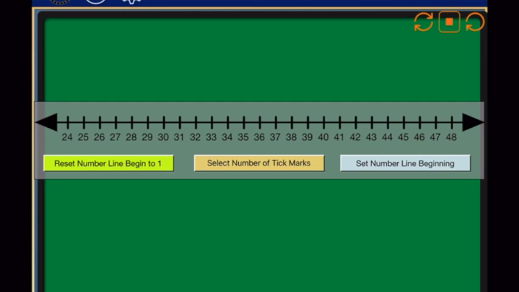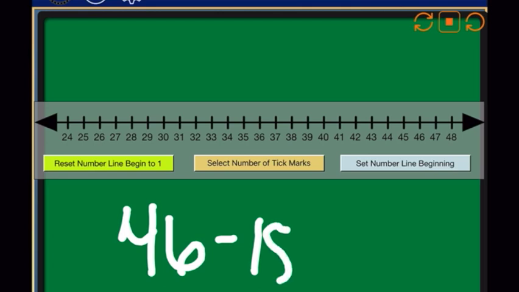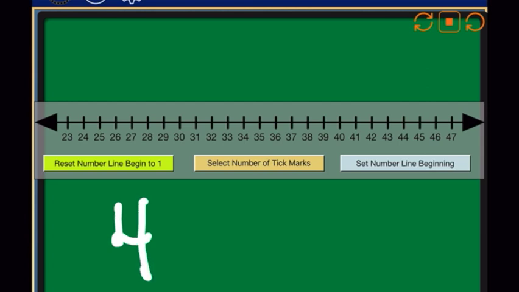So if I said 46 minus 18, I would be starting over here, but for this one, they counted up, and I'm actually going to change my number so it'll all fit. 46 minus 28.